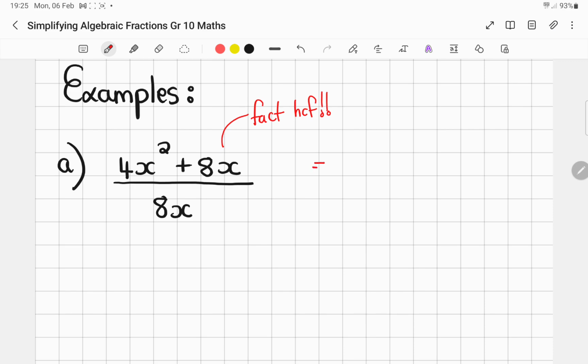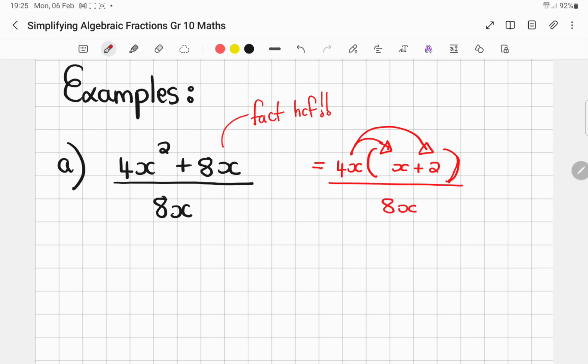At the top, I'm going to take out 4x. You have to take out the highest common factor, and you are left with 4x plus 2. Remember, you can just double check yourself. If you had to multiply in the 4x, 4x times x does give you 4x squared, plus 4x times 2 is 8x, all over 8x.